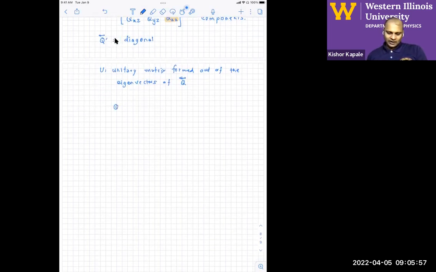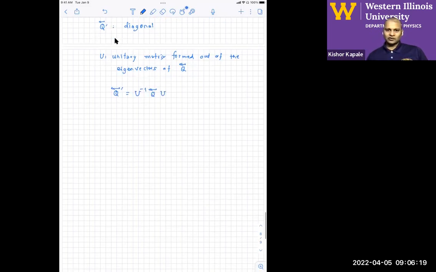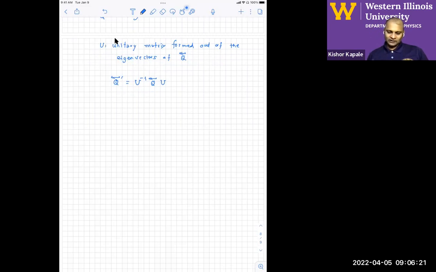And then Q prime, so after doing the eigenvalue and eigenvector determination, you put the eigenvectors side by side. That becomes a 3 by 3 matrix, which is U. And then you take U inverse Q U, and that's going to transform Q into Q prime.